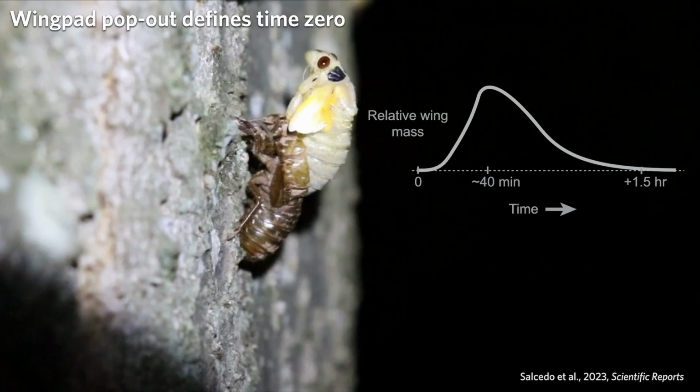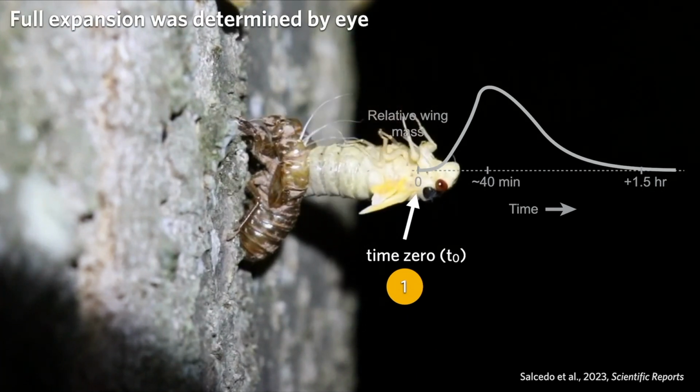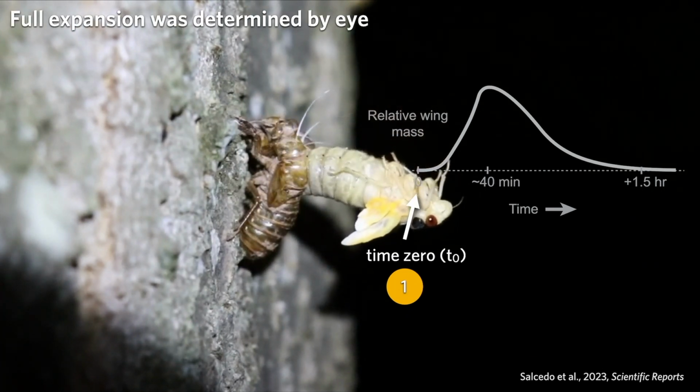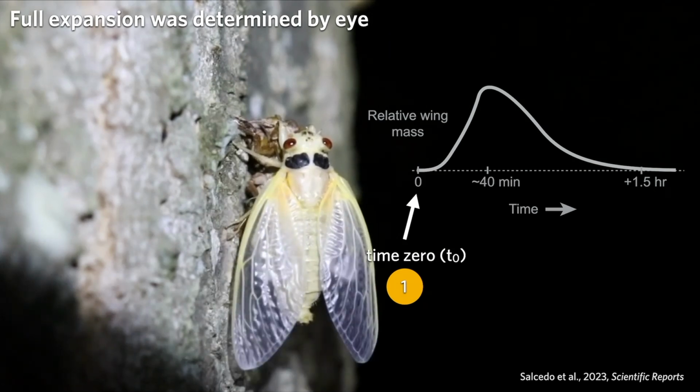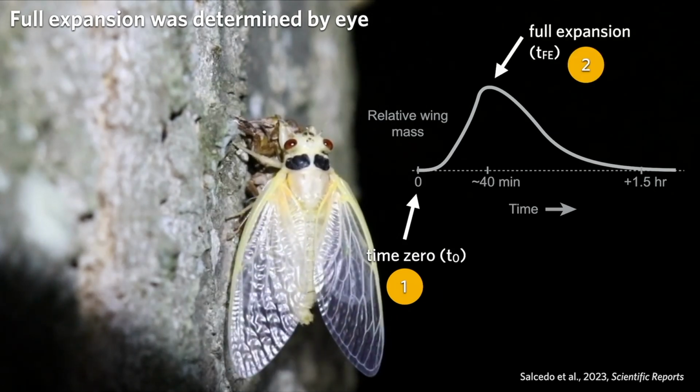Boom, it pops out. As soon as that pops out, that is defined as time 0. So we took some of those wings at time 0. We took a different set of wings after the animal has done its thing and it has reached full expansion. And there you are, you're at full expansion. And this should be the massiest wings that we have, that goopy, floppy wing, right?